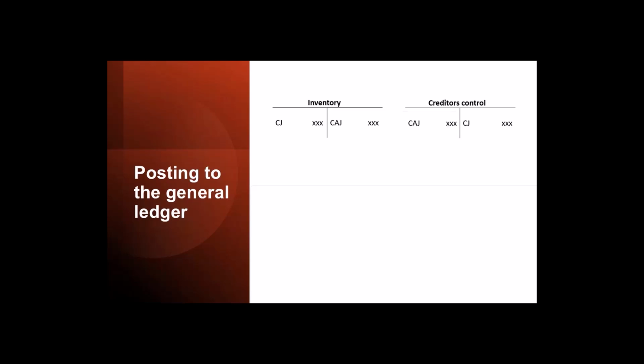For the Creditors Allowances Journal, we will debit Creditors Control with the sum total, and we will credit our inventory with the sum total.